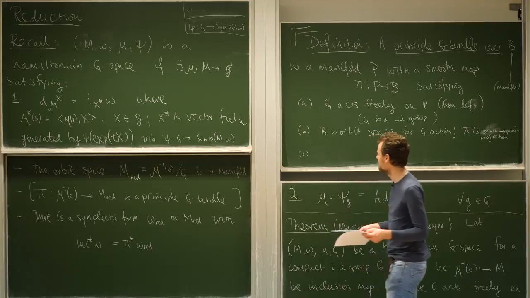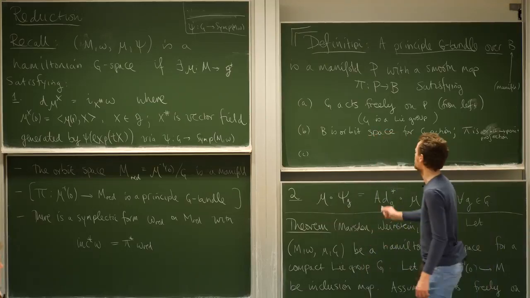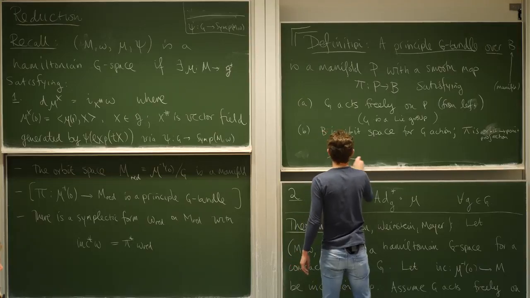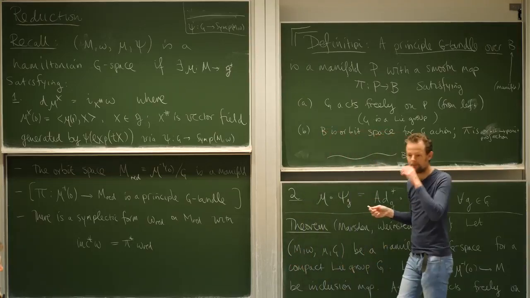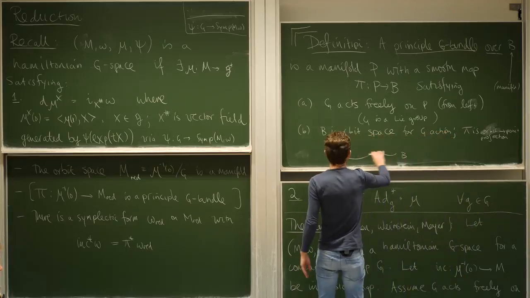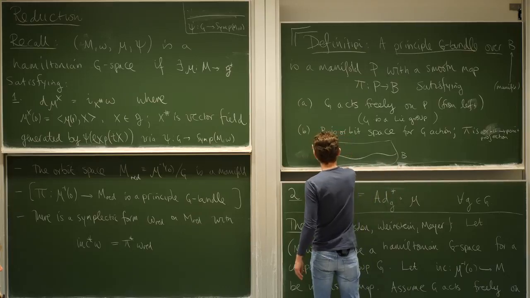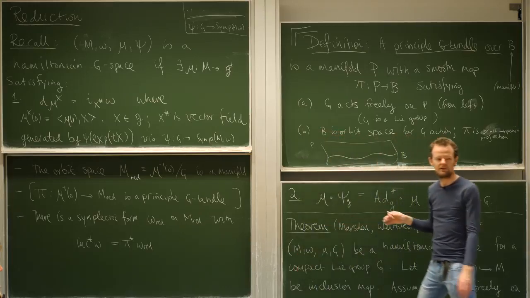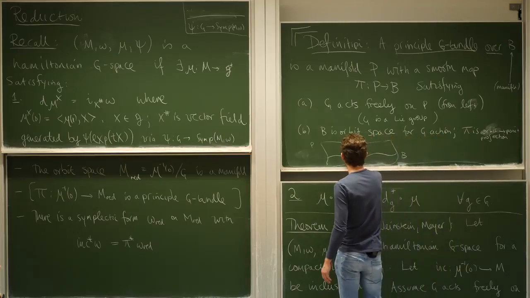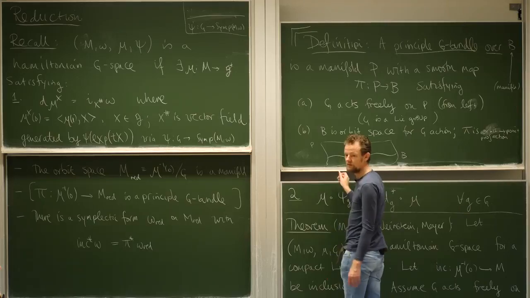Okay, I'm not going to fit it there, so I'll draw a picture in the remaining space. So you think of, here's some manifold B. P is some manifold, and B lives in it, so to speak. P is like a higher dimensional manifold that contains B, and every point in B has an orbit, right?